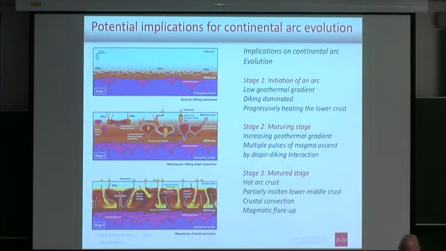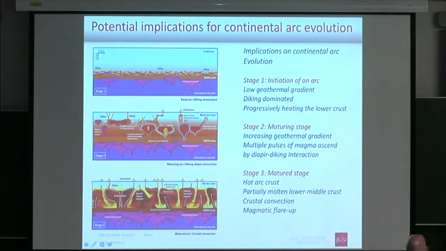So what you could basically say, if we interpret the simulations, is that if you start with initiation of an arc, then initially you would expect this to be relatively cold, so diking should dominate, if you have a cold lithosphere that's sufficiently viscous and you get sufficiently large stresses to allow diking to initiate.